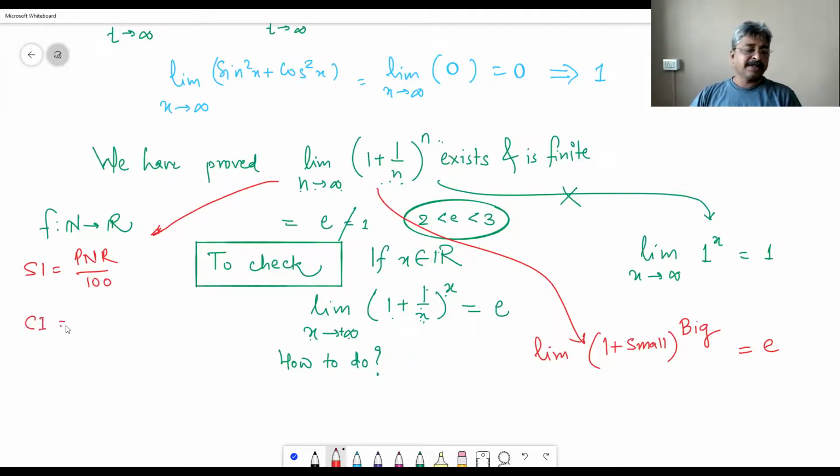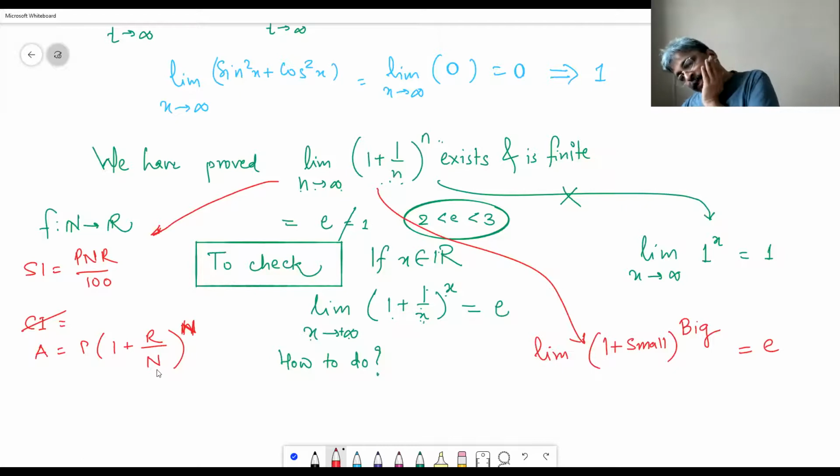Compound interest: amount is equal to P into (1 plus R upon N) raised to N, where rate of interest is divided by N, the frequency of your compounding.